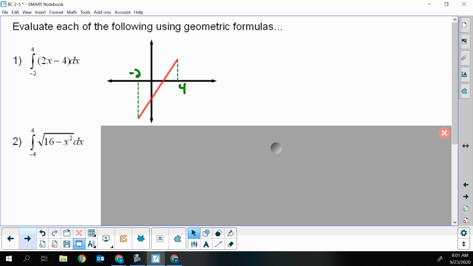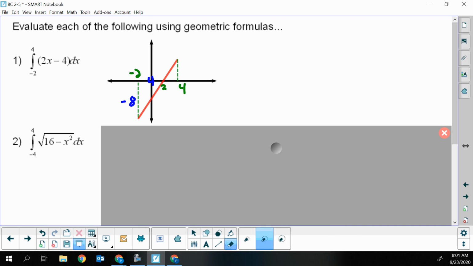Well, we're finding the area between the graph and the x-axis. On the left, we have a triangle that's below the x-axis, so that's considered negative area. To the right, we have one above the x-axis. Now, the x-intercept, the value that would make that equation 0, is just 2. So therefore, we have a base of 4 for this. And if you sub in negative 2 to our equation, we'll get negative 8.